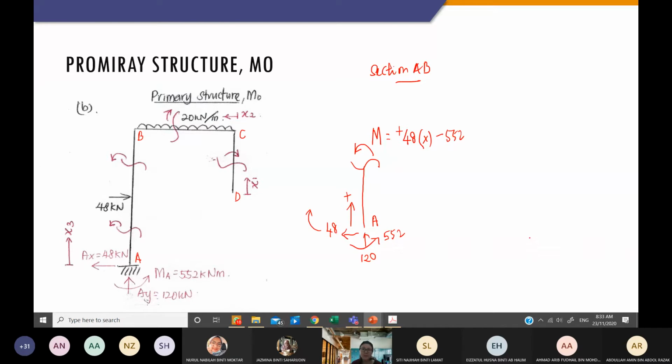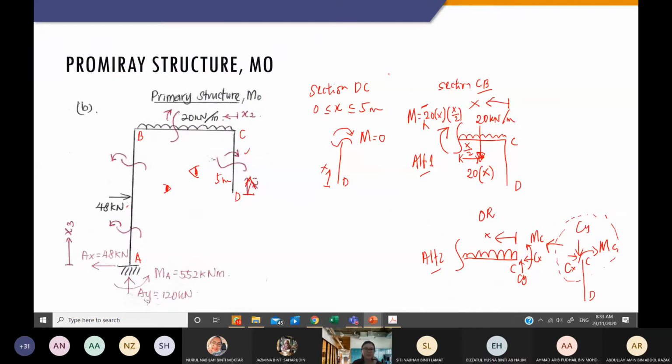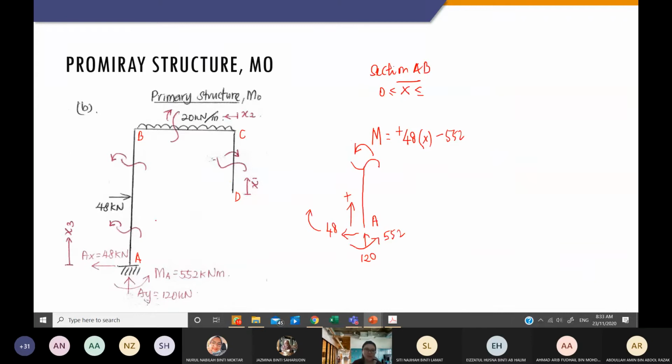So I continue with the section, but right now this section is from 0 to, oops, I do not know. It's 4 meter and 4 meter. So this is 4 meter, and this is also 4 meter, so it will be up to 4 meter only.